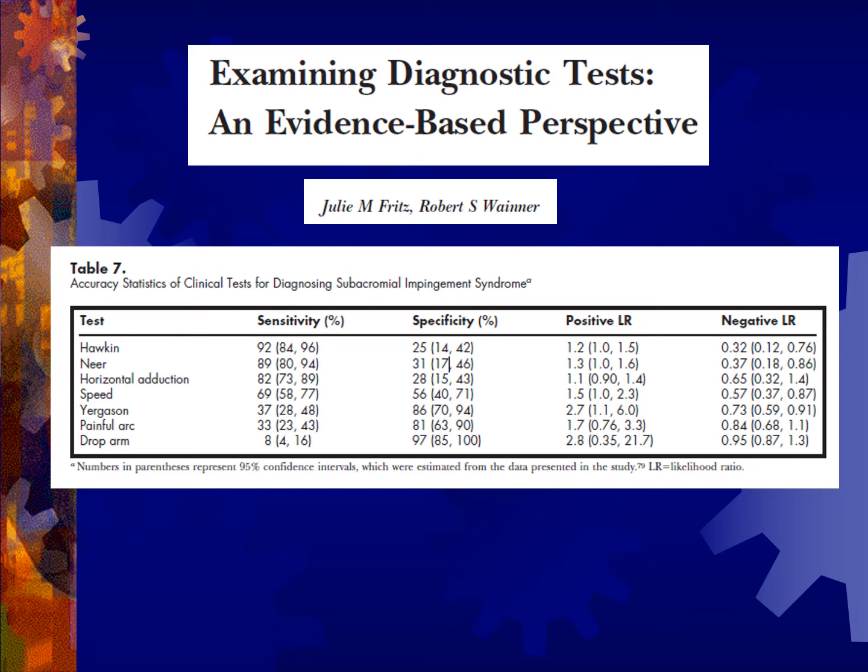Before we move forward, just take a moment and review the numbers on this particular slide in terms of sensitivity, specificity, and likelihood ratios. We'll discuss this again at the end of the presentation, but see if you can make any sense of some of the data here and how it might inform your examination and management of patients who potentially have subacromial impingement syndrome.